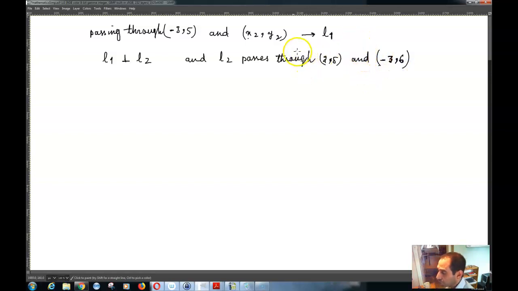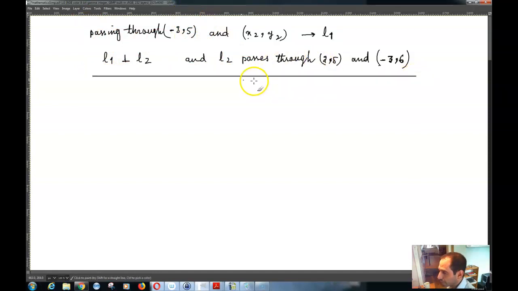So what I need to do is first find this line L2. Once you have that line L2, using line L2 you can find the slope of the line L1, and then we can find the equation of the line L1.